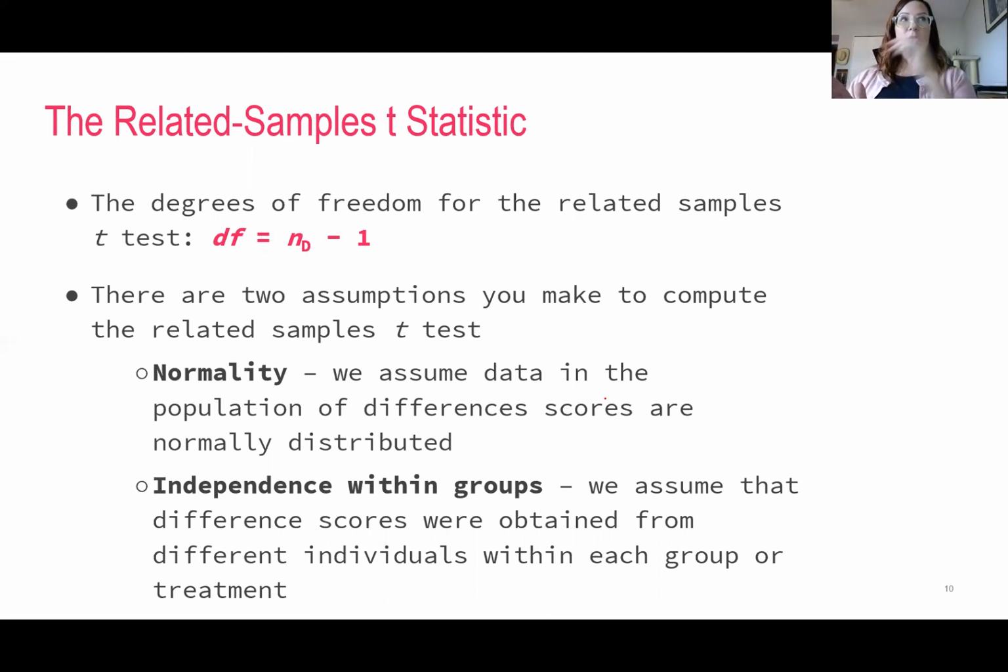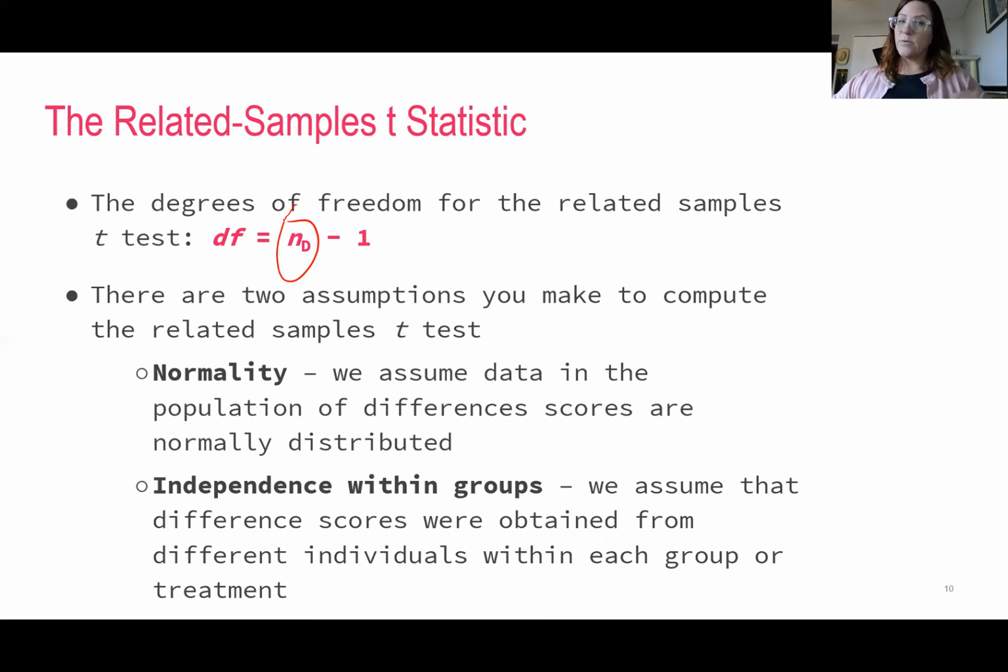It's very similar to the one sample t-test in regards to the critical value and the degrees of freedom. So again, think N of D when you're looking for your degrees of freedom for the critical value. You're going to use how many difference scores there are, minus 1.